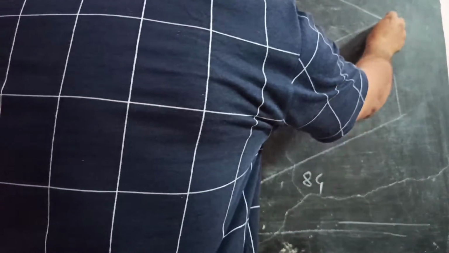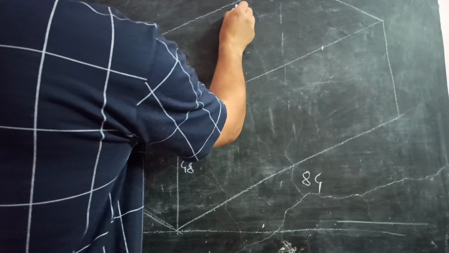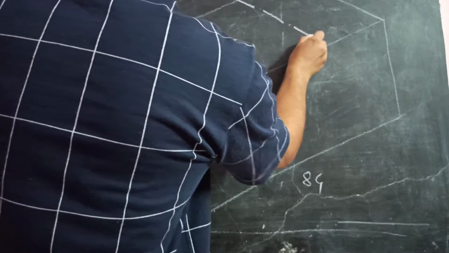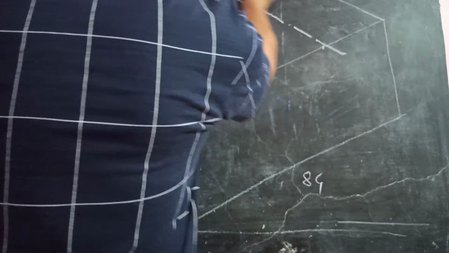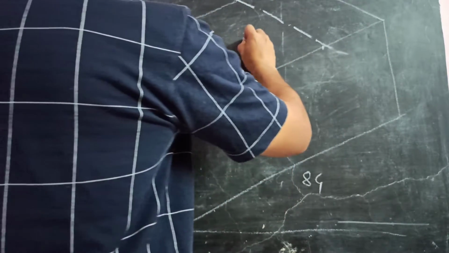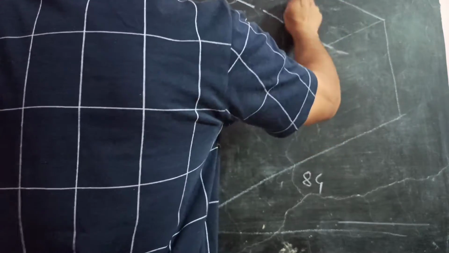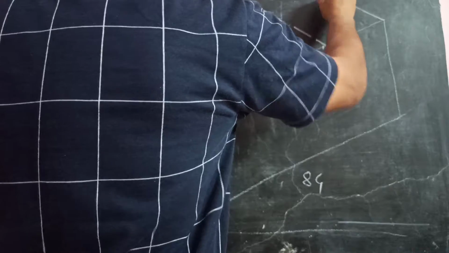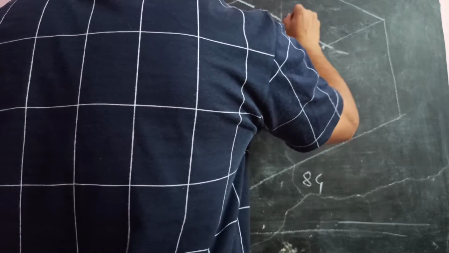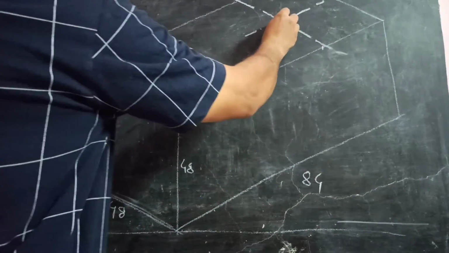So from this corner, you can mark this point as 24 and draw a center line parallel to this at 24. Then mark the center line at the midpoint of this, that is 24. This is 48. That's why it should be the midpoint, because the radius is given as 24. So this is the center you have got.